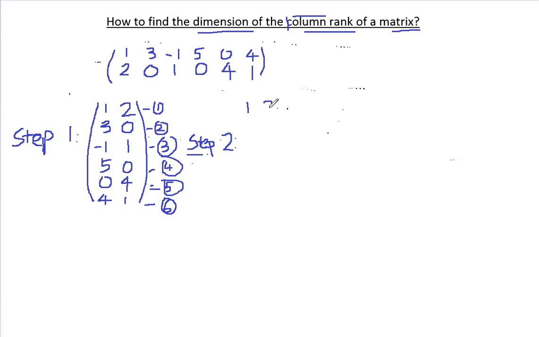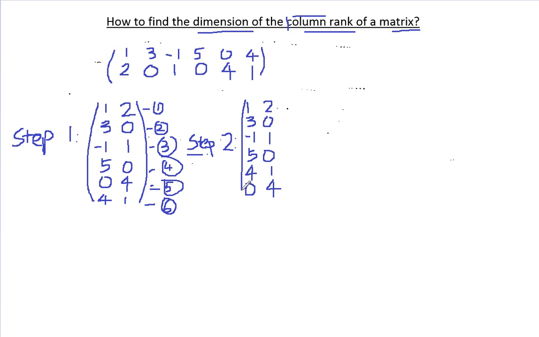So again, 1 2 3 0, minus 1 1 5, 0 4, 1 and 0 4.